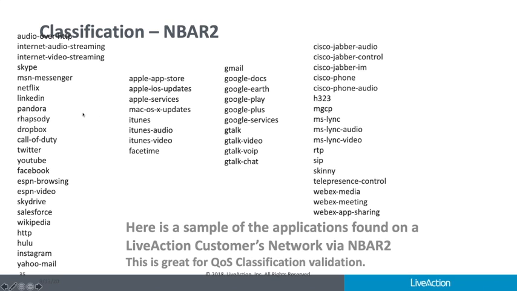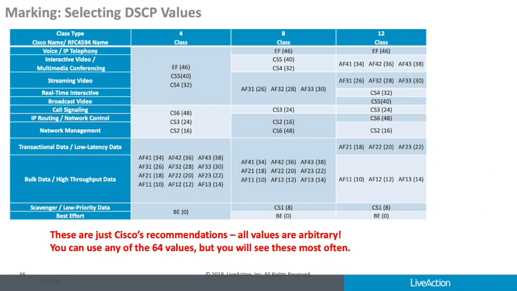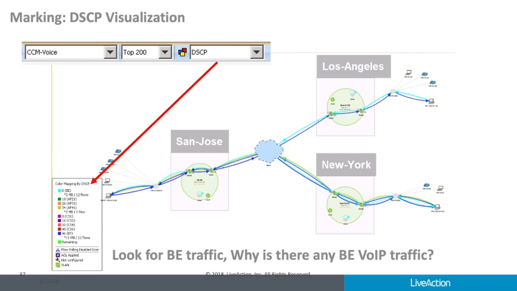So if, let's say, you're interested in protecting maybe Skype or WebEx, instead of creating ACLs for all your Skype IPs, you'll be able to just match by the application name, and every time the router detects Skype or WebEx, you will set the DSCP value that you have within your marking policy. This is just showing the different types of classes, the traffic, and the recommended DSCP marking for each traffic.